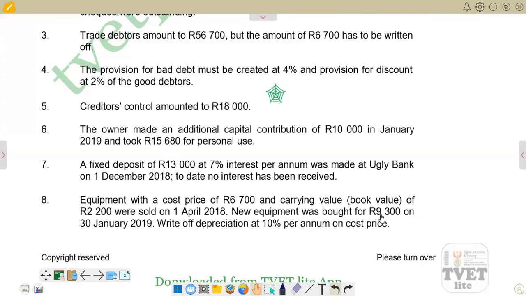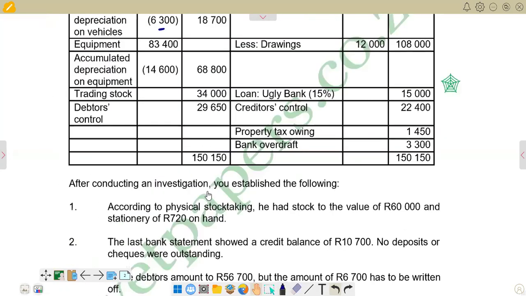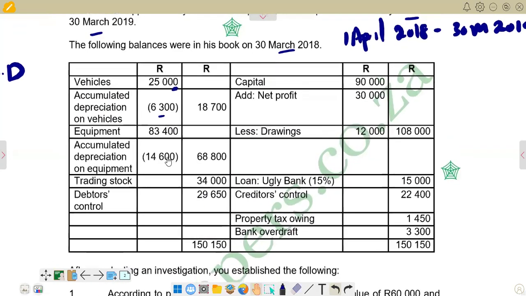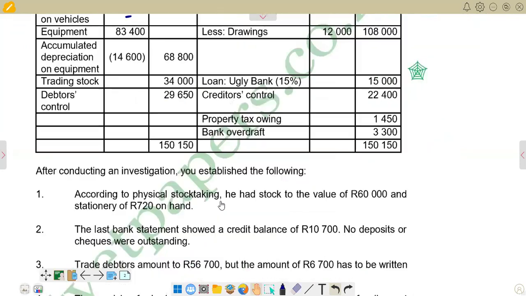So we subtract the cost price of 6,700, and then we add the one that was bought, 9,300. You see that in the beginning, equipment will be 83,400.